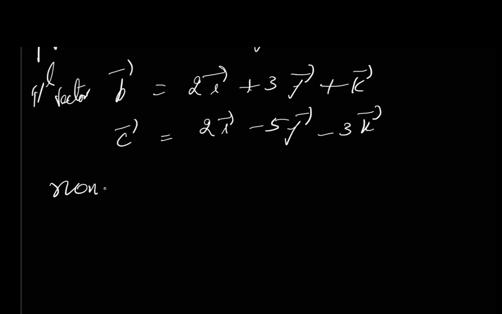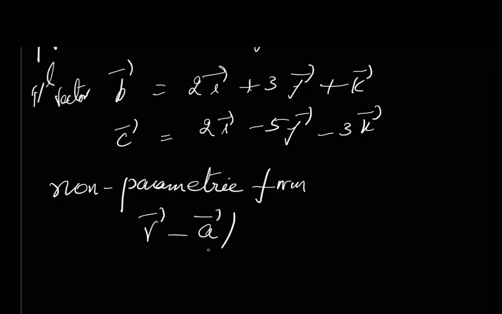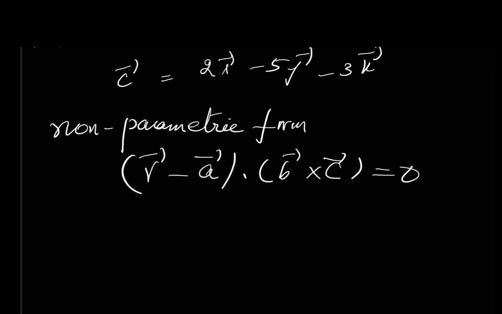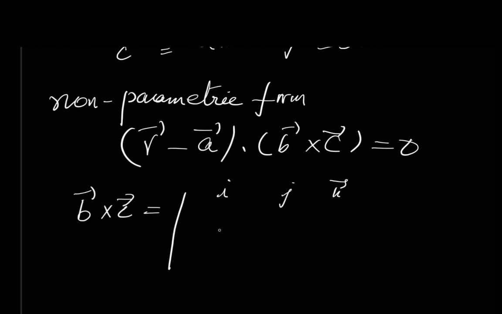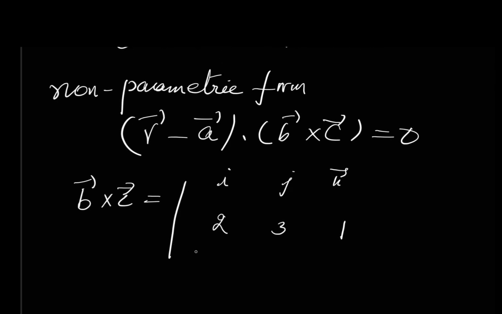Now find the non-parametric form: (vector r minus vector a) dot (b cross c) equals 0. First you have to find b cross c. B cross c is the determinant with rows i, j, k; b is 2, 3, 1; c is 2, minus 5, minus 3.